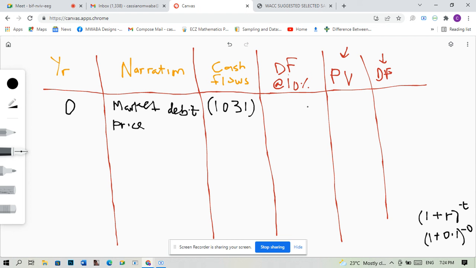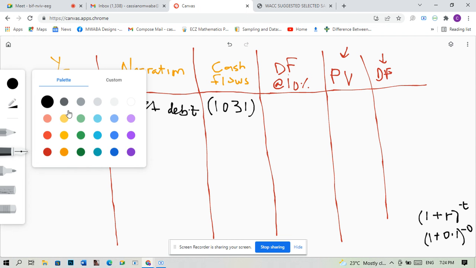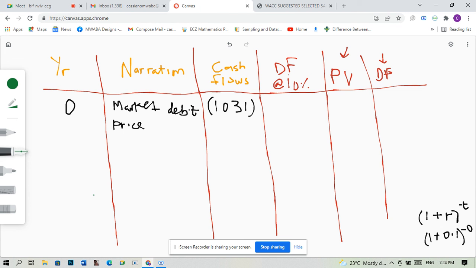Okay, this one, just know your answer will come out as 1, always. Why? Because we have the power -0. If you remember from high school indices, anything to the power 0 equals 1.